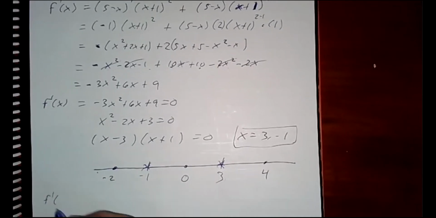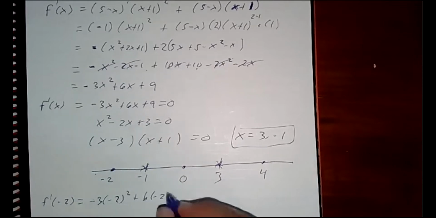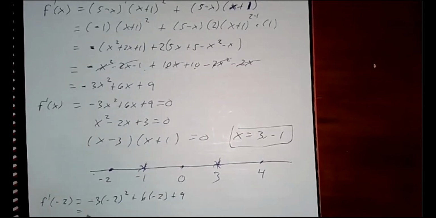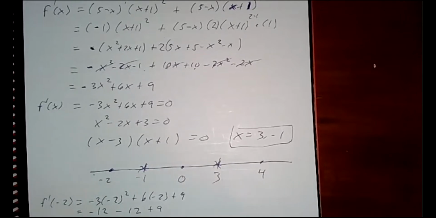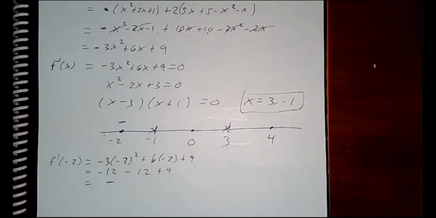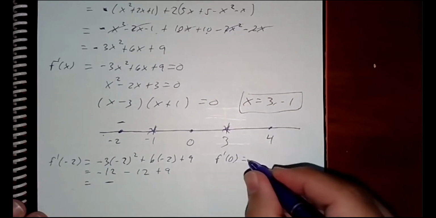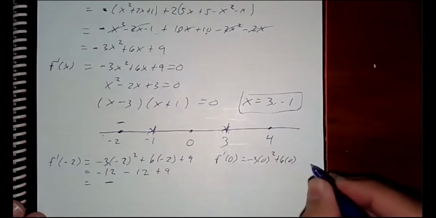So f prime of -2 is -3 times -2 squared plus 6 times -2 plus 9. So that'll be 4 times that is -12. -12 plus 9, that's going to be negative. I don't really care what the number is. It's negative, right? The value is not important. Now, f prime of 0 is going to be -3 times 0 squared plus 6 times 0 plus 9.